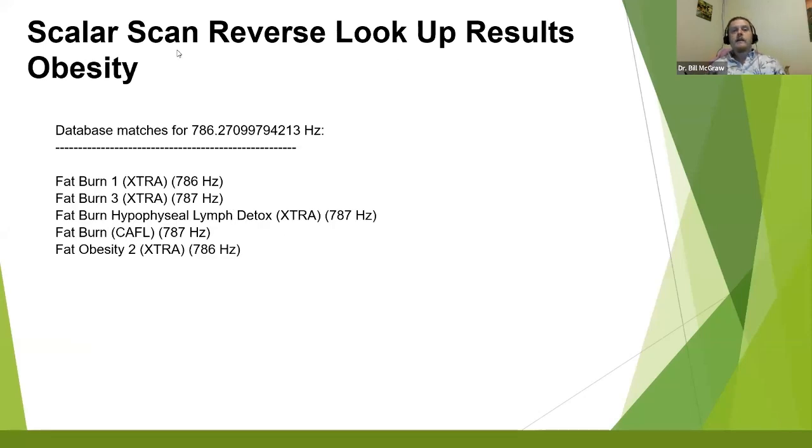Again, looking at a reverse lookup using the scalar scan device, fat burn appears in our reverse lookup. Now, I would take the fat burn program and use it as a program for remote technology. So I have a remote technology device. It's a little piece of equipment that attaches to your Generator XM.